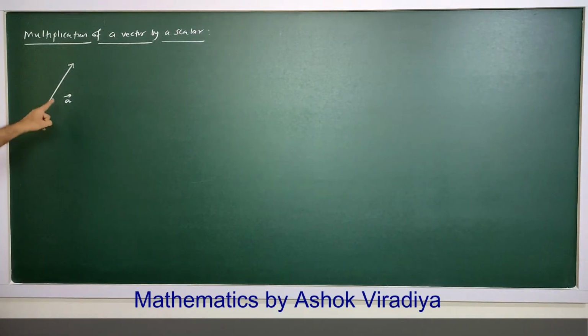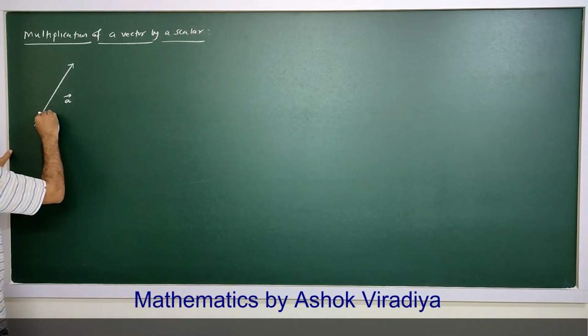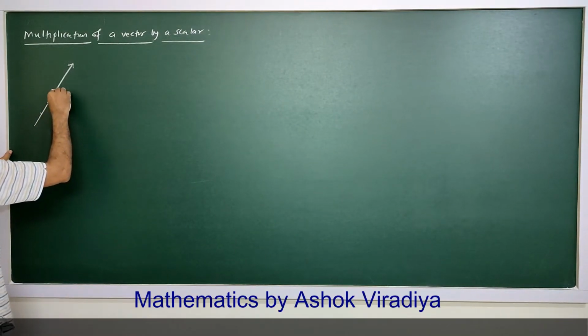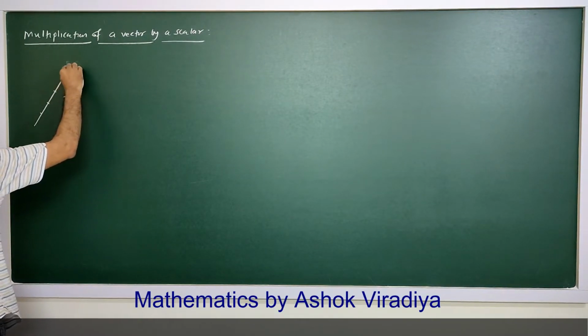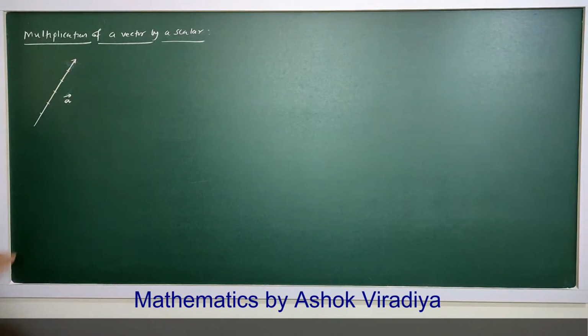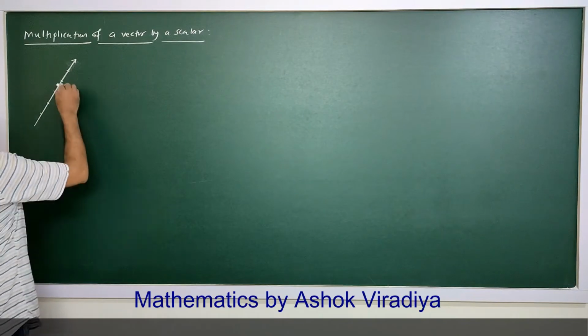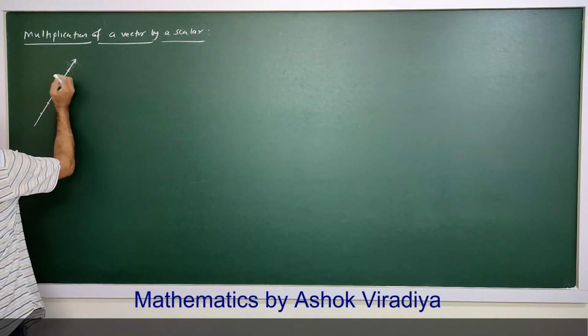We say simply vector A. Suppose I take its magnitude as 6 units, shown by 6 partitions. This is vector A.